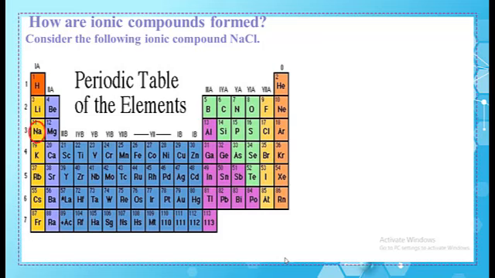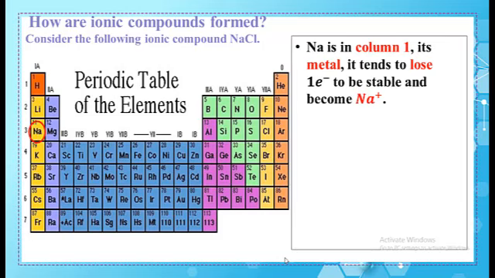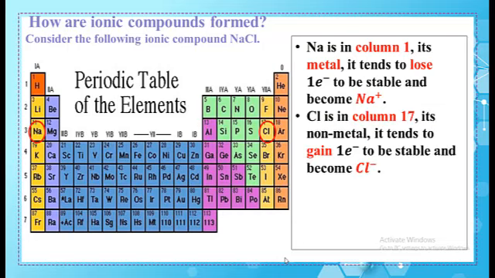So this is the Na. Na is in column 1, so it's metal. The elements of column 1 tend to lose 1 electron in order to be stable and become Na+. Here, chlorine is in column 17, so it's non-metal.